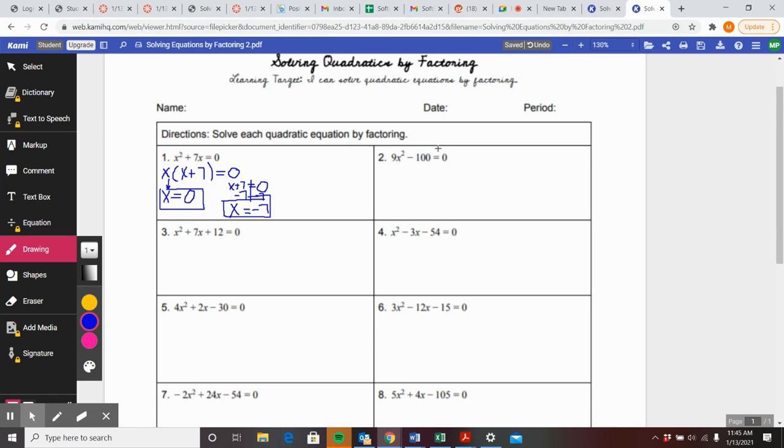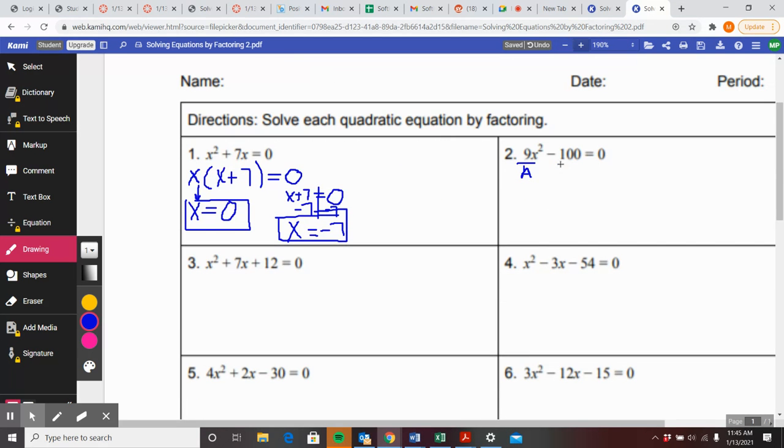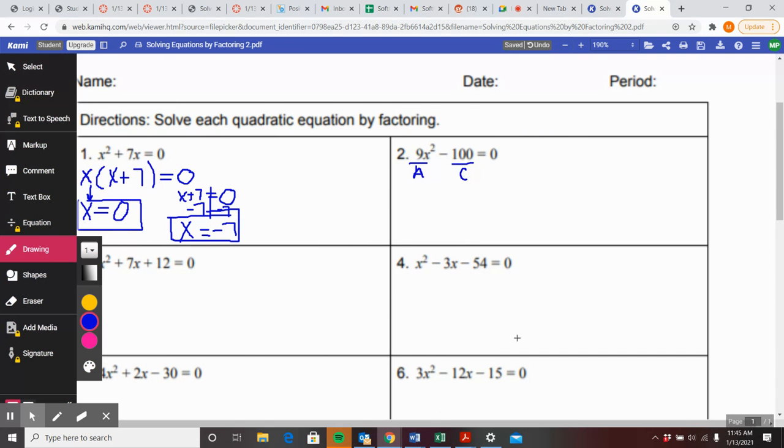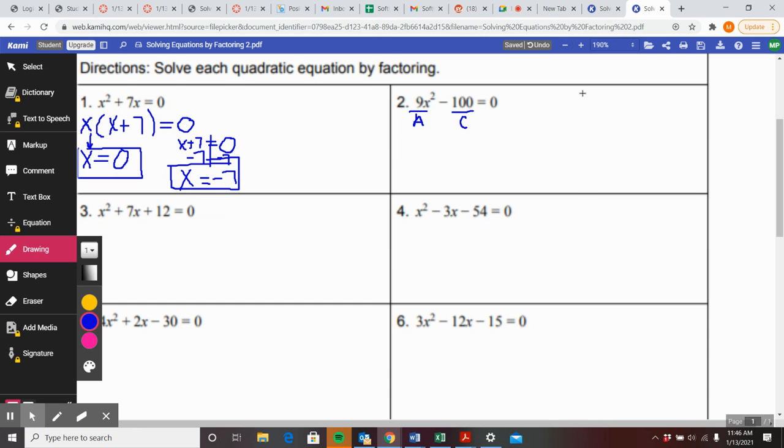Okay, what about this one? So this is x squared. We don't have an x, but we do have a number. So this is your what value? A. We don't have a b, but we do have a c. So you can still do the t-chart if you're missing your b. Okay, because here's why. So you're going to do your t-chart. So we're going to find the factors of a times c.